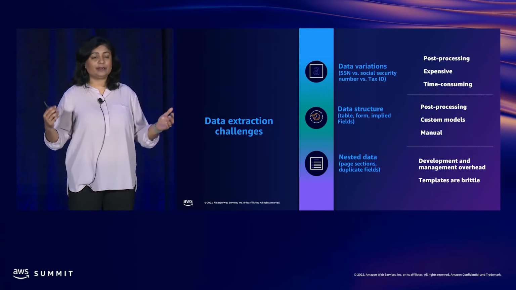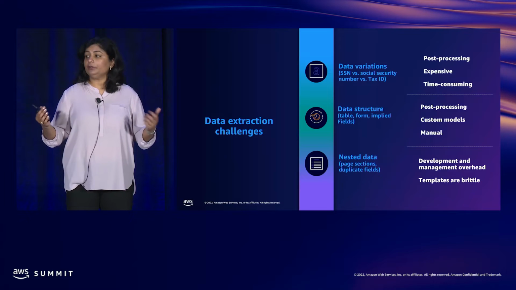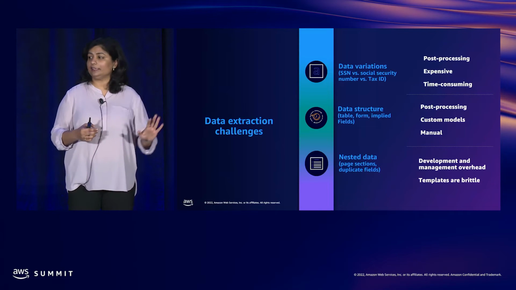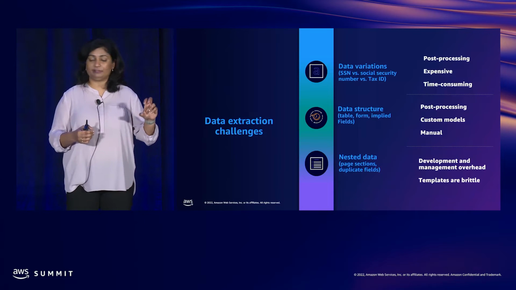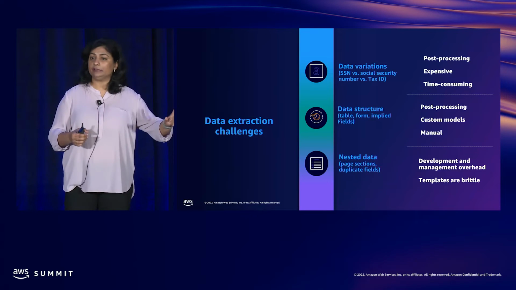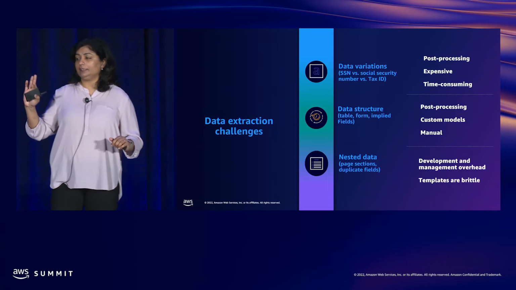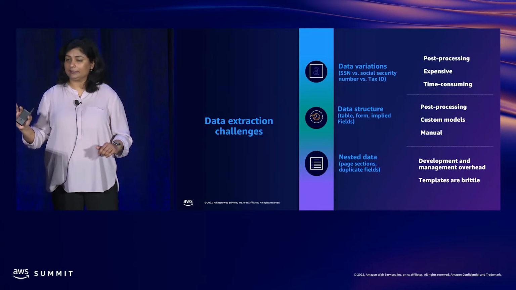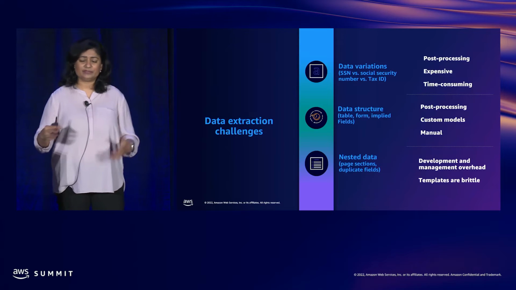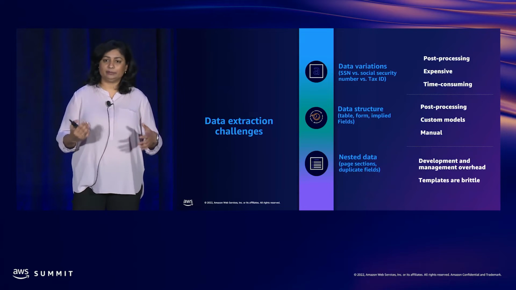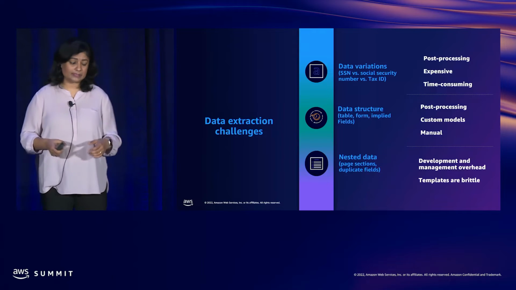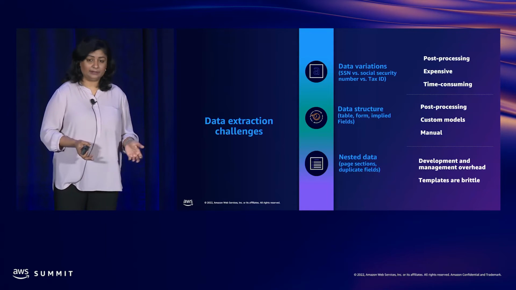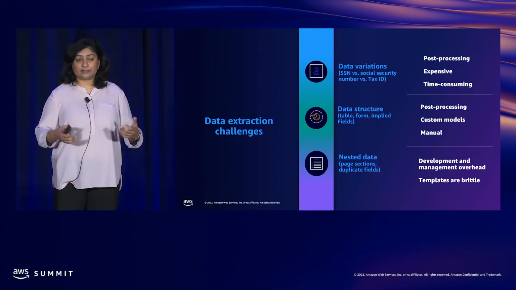If you have to extract these fields, you have to do a lot of post-processing, and you have to use geometry to say, okay, if it is on the left side of the document and the geometry fits in this line, then it's probably the borrower information. And if it is on the right side of the document, and the geometry coordinates are here, then it's probably the co-borrower. It's very template-like, but not templatized, right? A lot of post-processing in that space. And this means a lot of development, management overhead, and creation of templates doesn't solve it all the time.